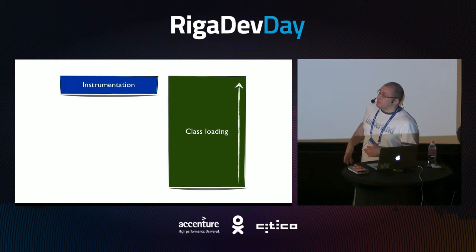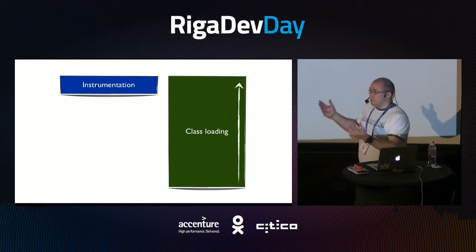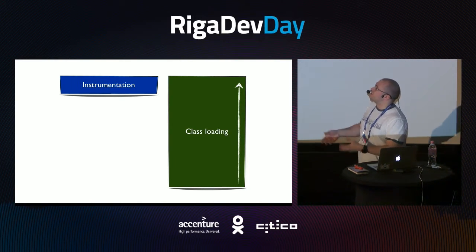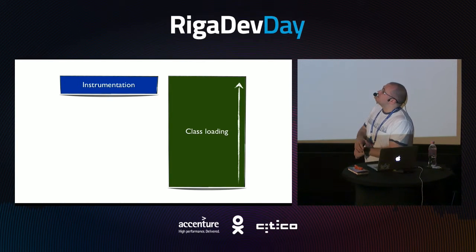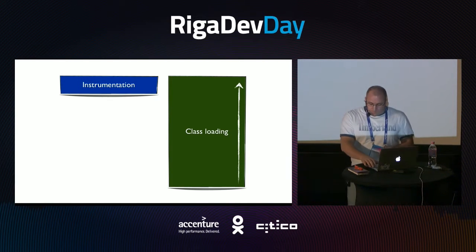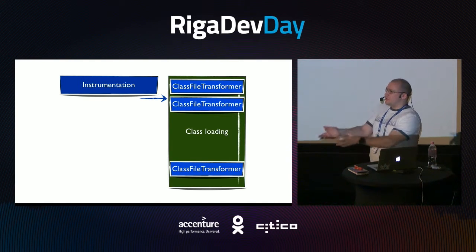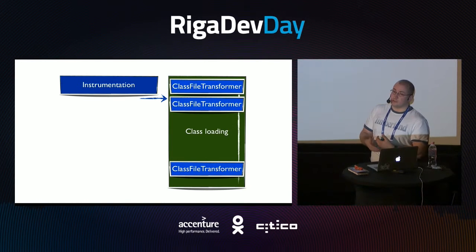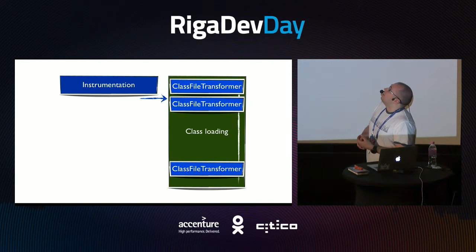Let's try to visualize it. Think of class loading as a process, something that continuously loads classes over time. And instrumentation is something orthogonal to this process. You can register more than just one transformer and chain them.